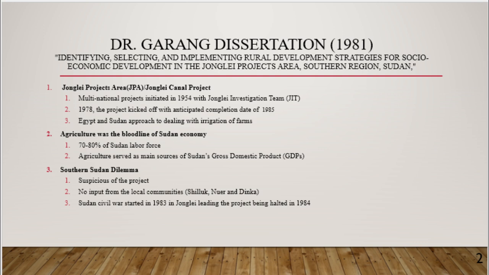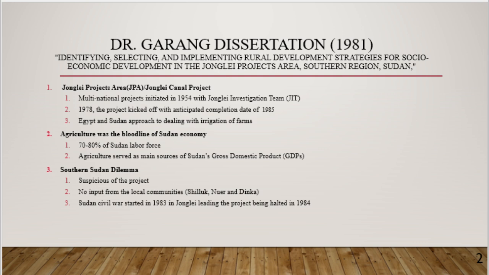And now we know the interest and the reasons for Egypt and North Sudan wanting this project. What about the south, the autonomous region of the Sudan? Well, what was their approach to this? They were suspicious, according to his dissertation.